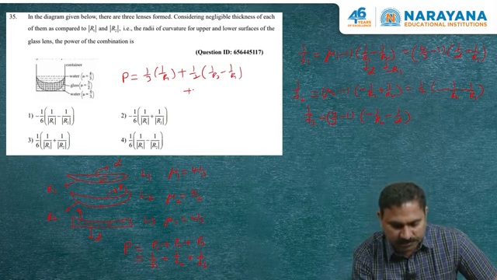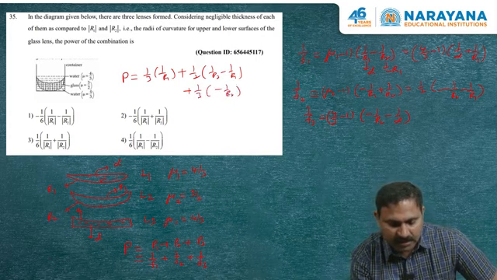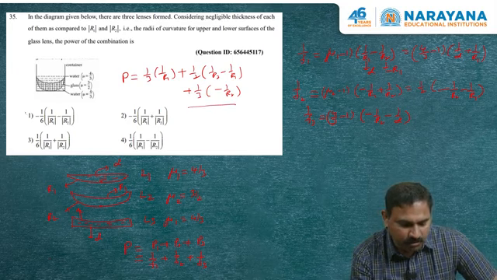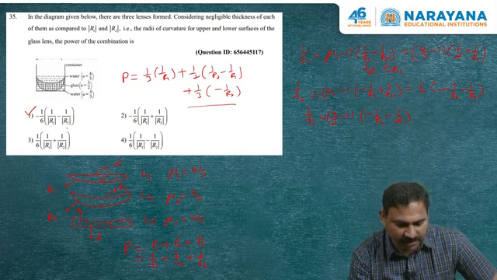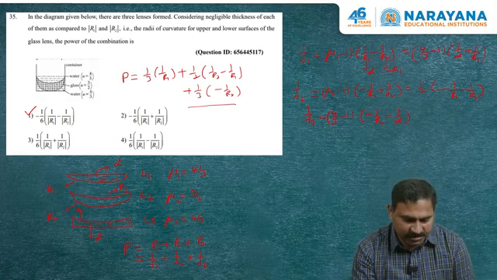This gives 1 by 3 into minus 1 by R2. So, by simplifying this expression, finally it is coming out to be the first option, minus 1 by 6 into (1 by mod R1 minus 1 by mod R2). Let us go to the next question.